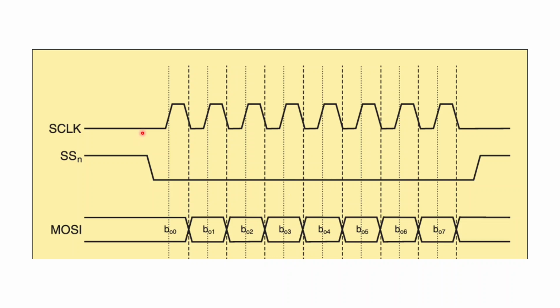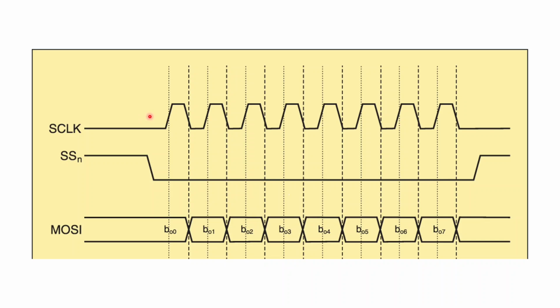And the second thing you can decide on is whether you clock in the data at the first edge or at the second edge. In this case, it's the rising edge or the falling edge. If you look at this specific example, you see that each time you have a rising edge of the clock, the data is stable.